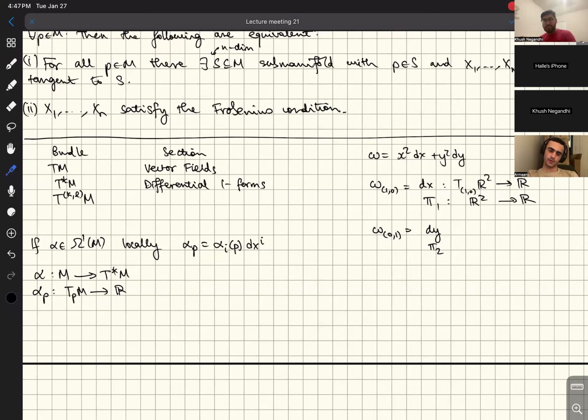I want to do vector calculus on arbitrary manifolds, manifolds that might be very hard to embed in a space. For example, projective spaces are notoriously hard to embed into R^n, right? So how do I do calculus on that?